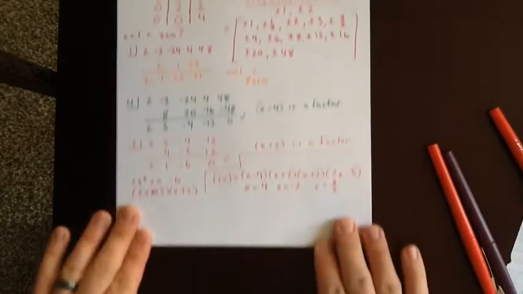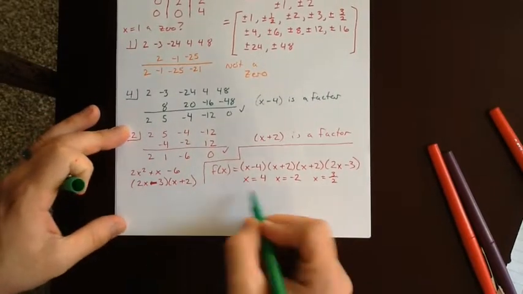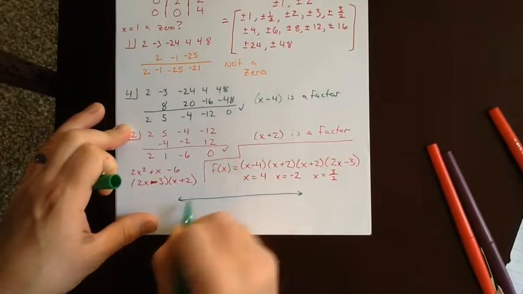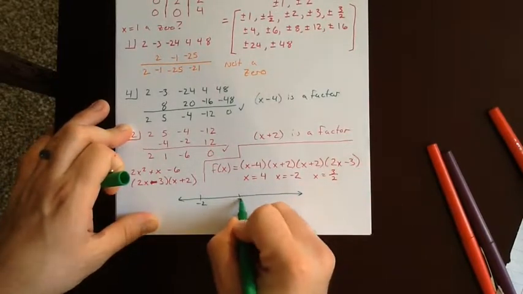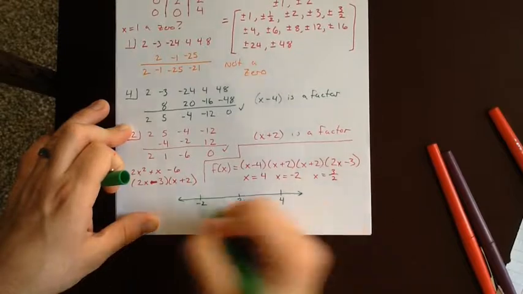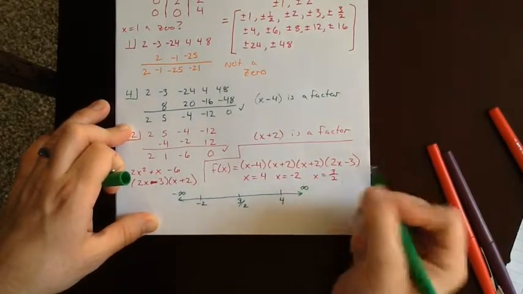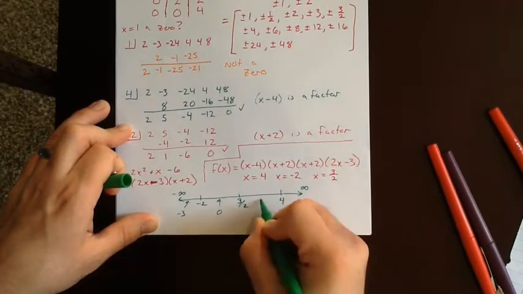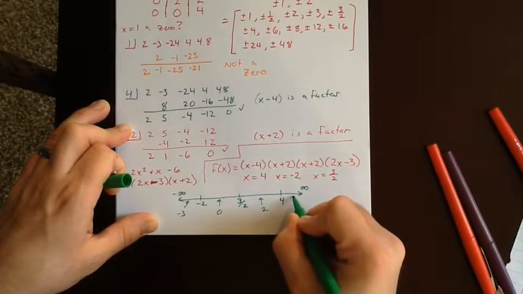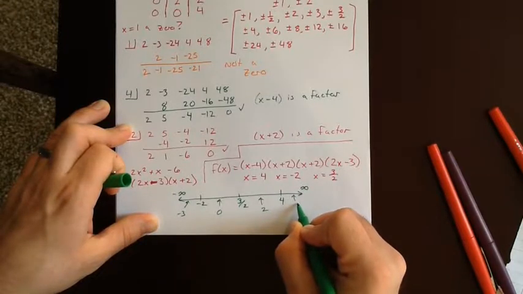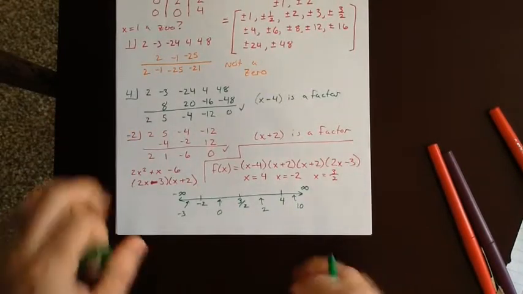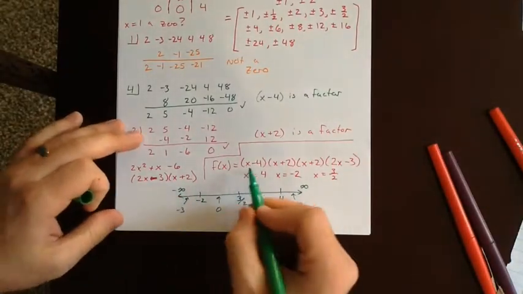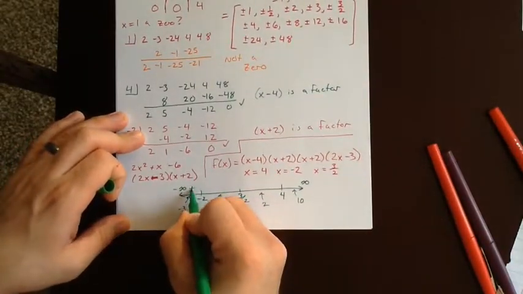Okay, so our interval test, now that we're ready for it, we would have -2, 3/2, and 4. So I want to use -3, 0, 2, and 10. Why not? Testing each, with -3 we find that we get a positive product.